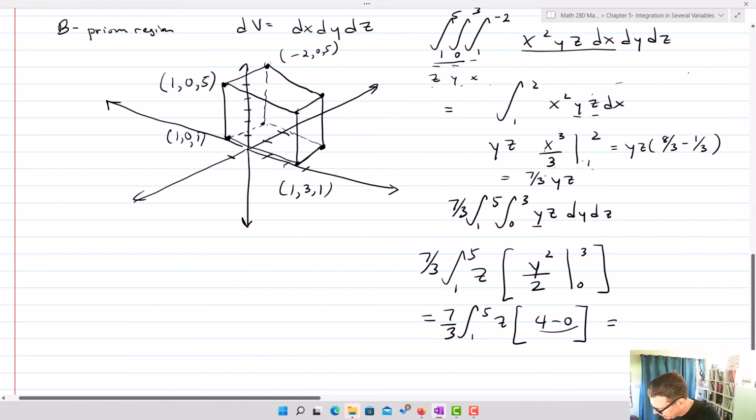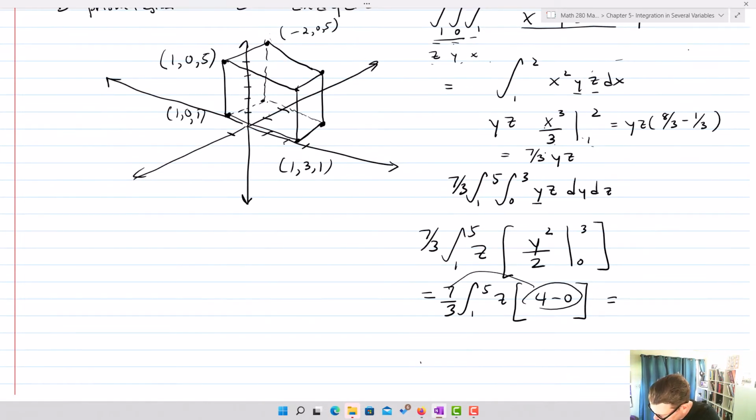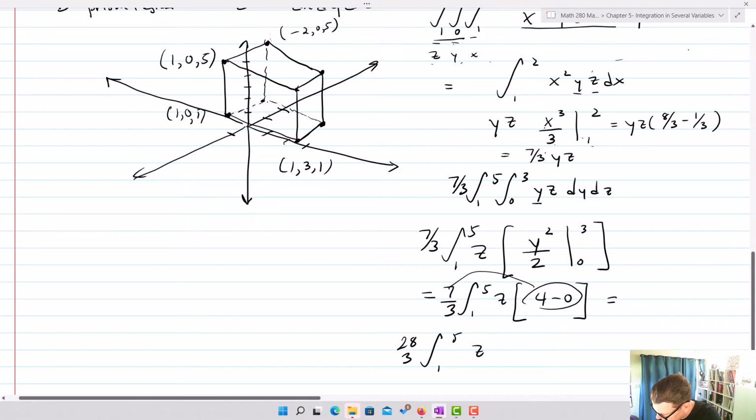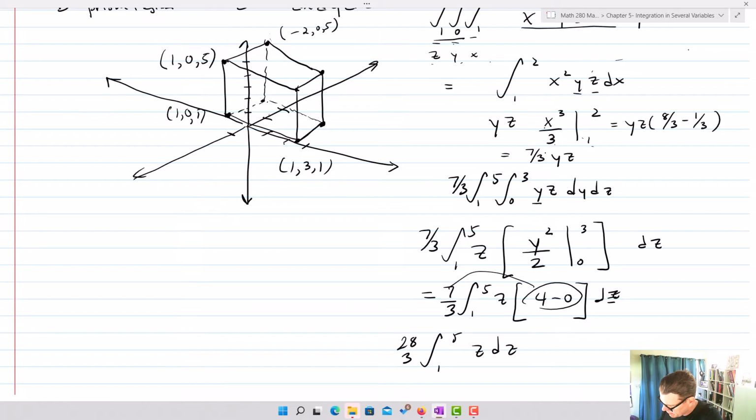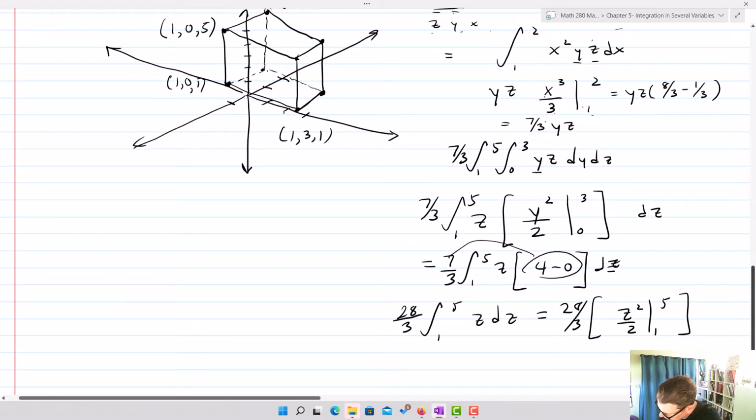So I can take this and multiply it by z again. Okay? So this is the integral. Now it's going to be 28 over 3 times the integral from 1 to 5 of z dz. It's got a dz on it. And so this is now 28 over 3 times z squared over 2, evaluated from 1 to 5.